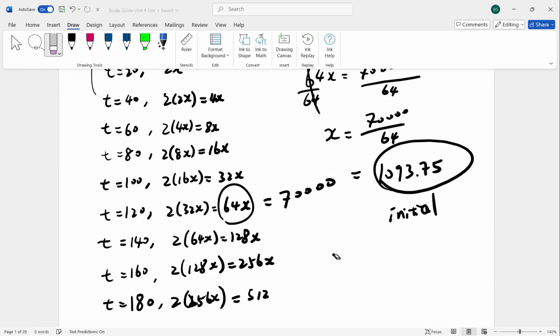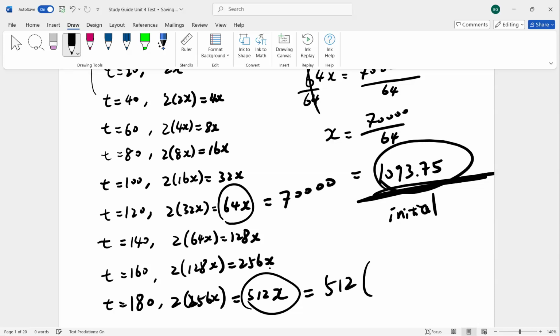So from the very beginning, the initial time is t equals 0. After 3 hours, which is 180 minutes, the population is 512 times x. Your answer is not 512, it's 512 times x. And what is x? X is the value we just got. So the second part, the answer is going to be 512 times 1093.75.